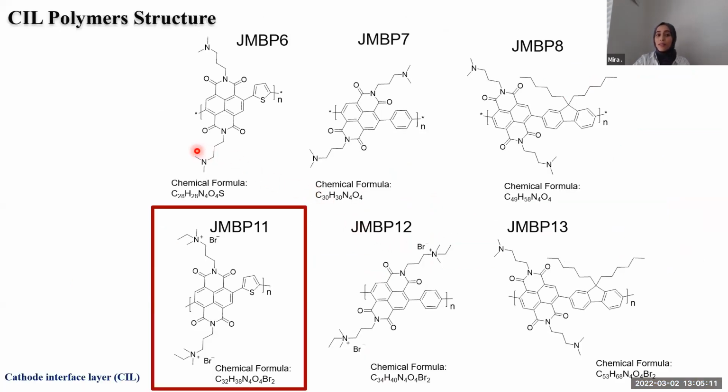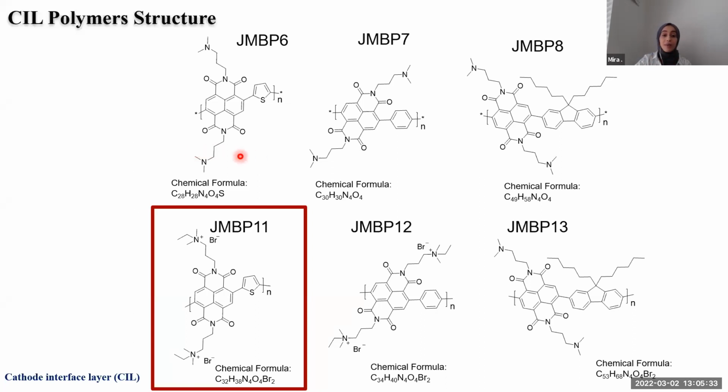Many studies recently have focused on organic or polymer cathode interface layers instead of using zinc oxide, and this is also what I'm doing in my work. Here are some polymers used as cathode interface layers. Those polymers have been developed through our collaboration by Dr. Yunus.